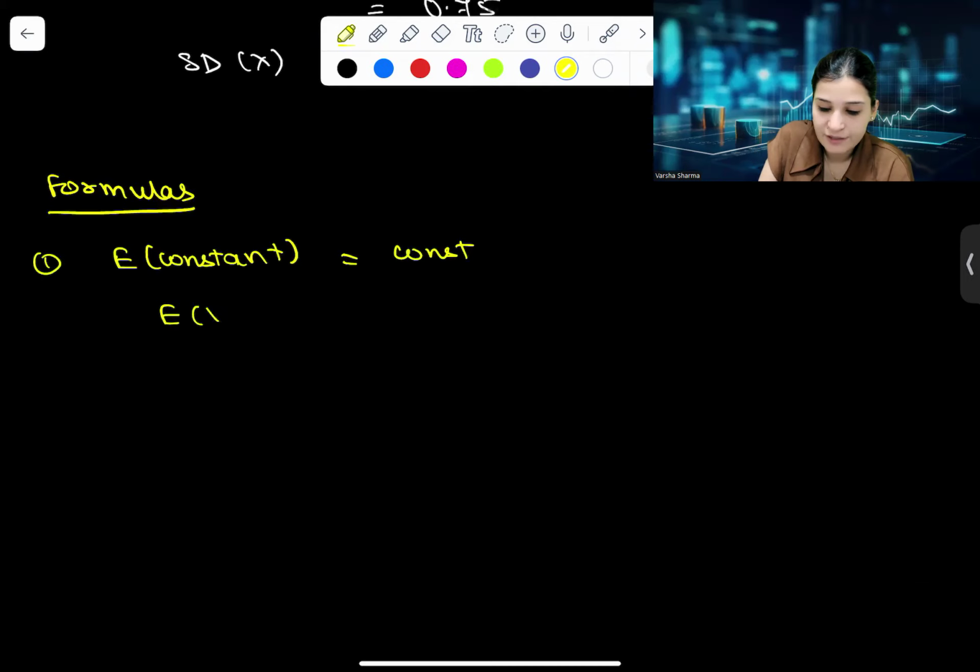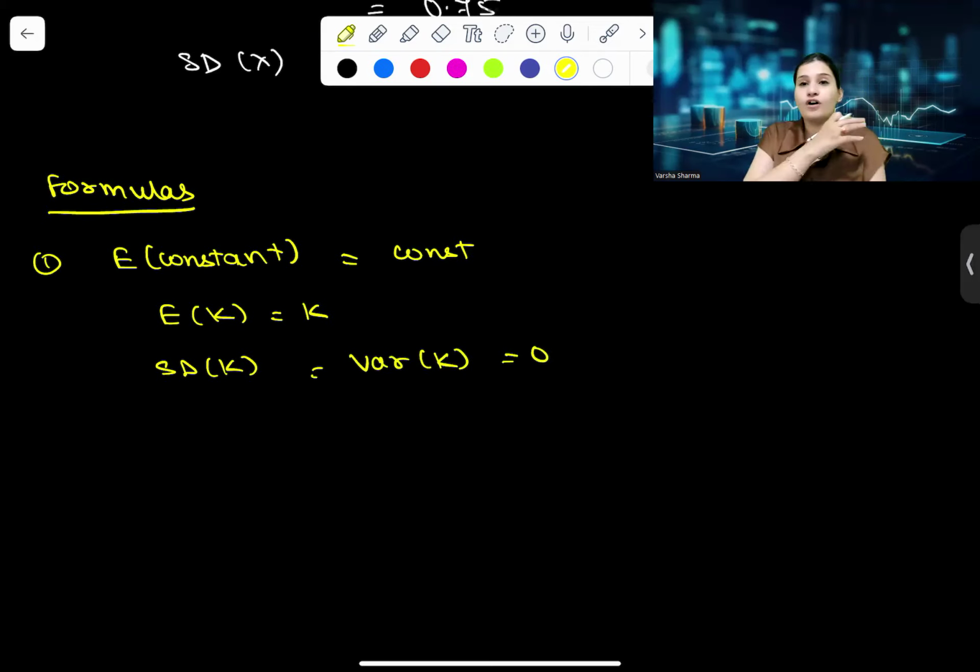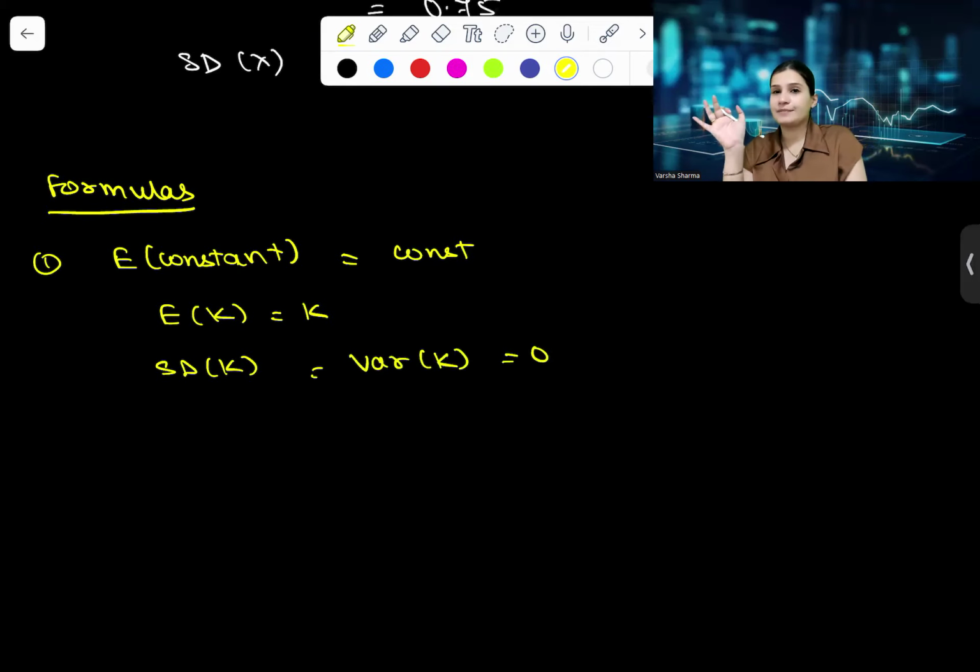That is, expected value of K will be K. There is no X. Standard deviation or variance of a constant would be 0. If all the observations in the data are same, then mean will also be the same number. But standard deviation and variance will be 0.